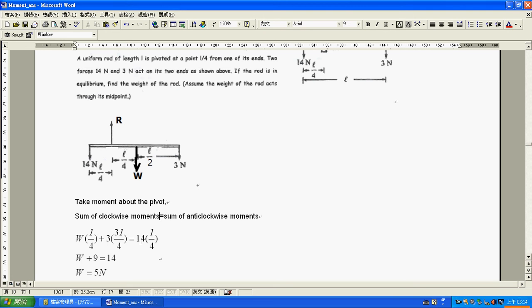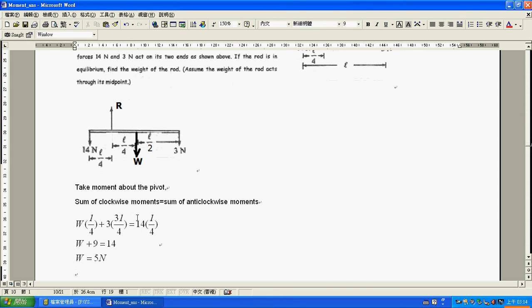Now the anti-clockwise moment is the 14 Newton times the moment arm, which is L over 4. Now for this equation, we can simplify it by multiplying the whole equation by 4 and then dividing the whole equation by L. And we get W plus 9 equals 14. With that, we get W equals 5 Newtons.